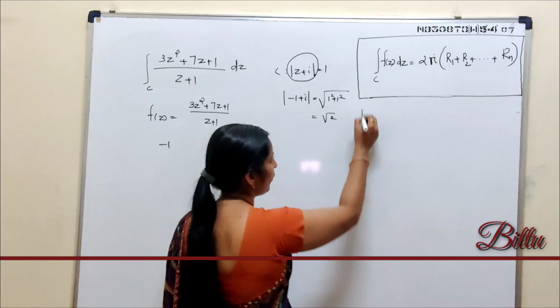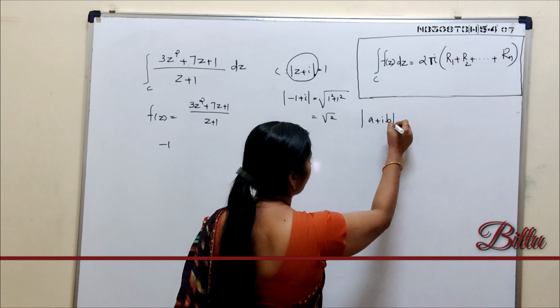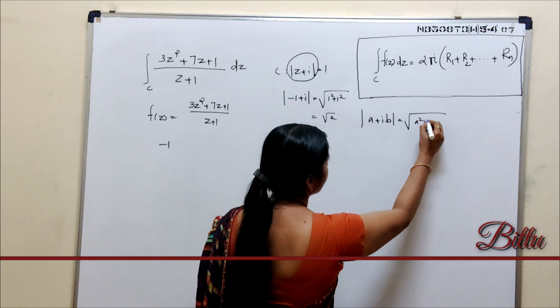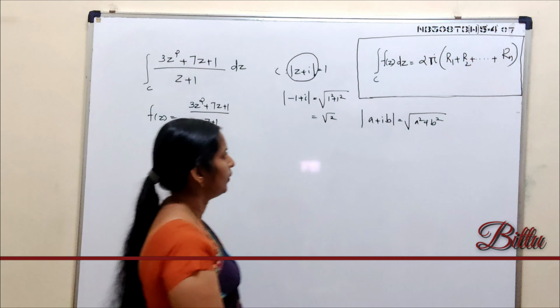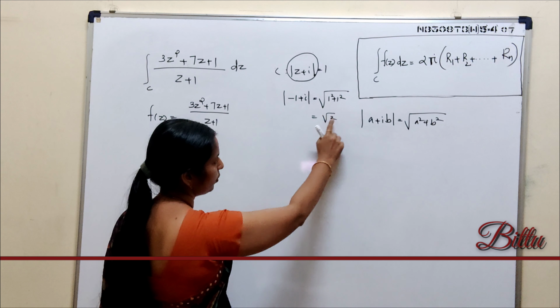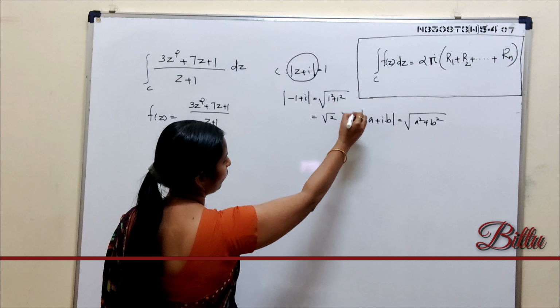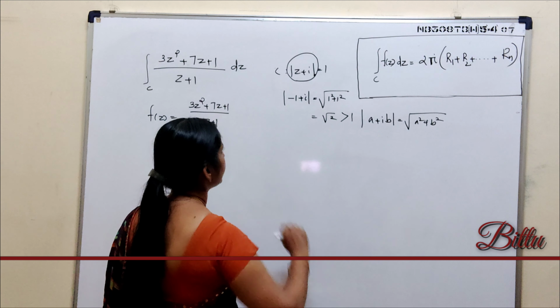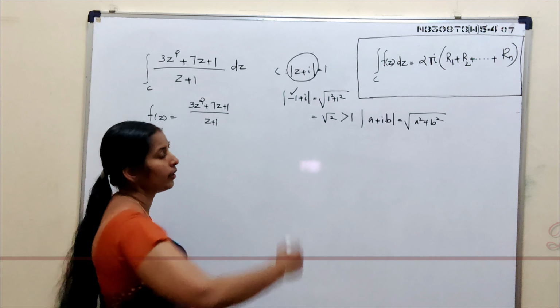What is the modulus of a plus ib? The modulus of a plus ib is root of a square plus b square. Here a is minus 1, b is 1, so it is root 2. Root 2 is greater than 1. So minus 1 is outside of the circle.